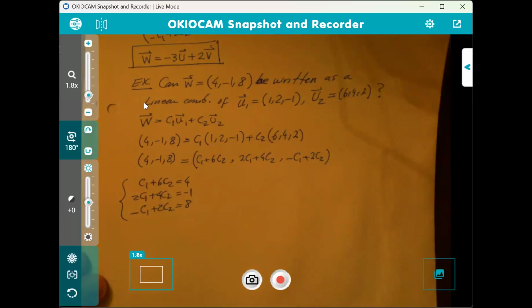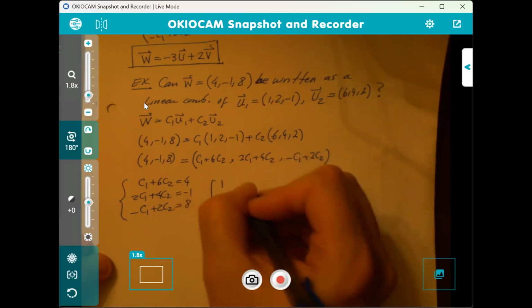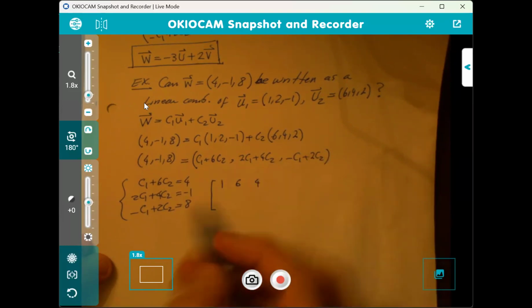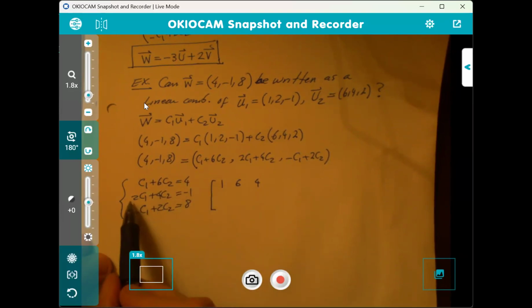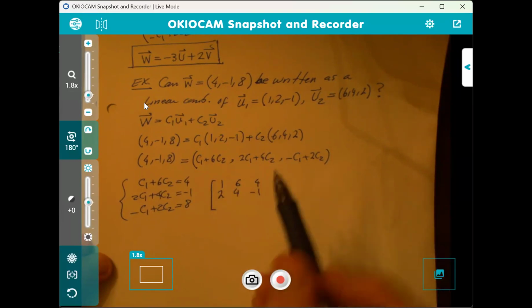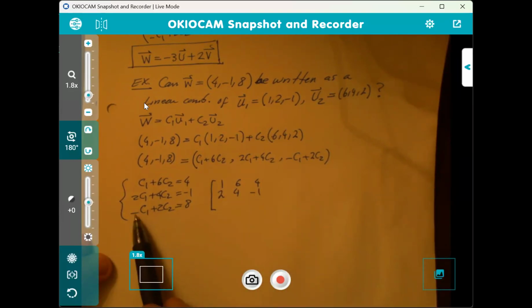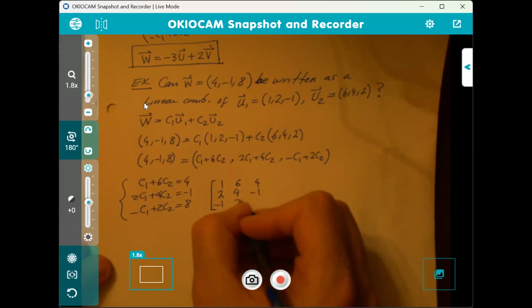So again, I have the case where I have 3 equations, 2 unknowns. Let's solve this and see what happens. So the matrix form of the system: the first row is 1, 6, 4. The second row is 2, 4, -1. The third row is -1, 2, 8.